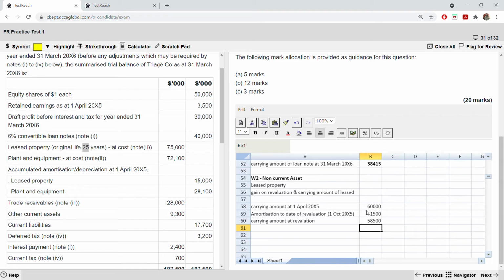58,500. Now let me show you this demo, okay? Since most of you will be like, why not bracket? Just put bracket 1,500 and see what's happening. If you put the sum function, it will not deduct it by 1,500.